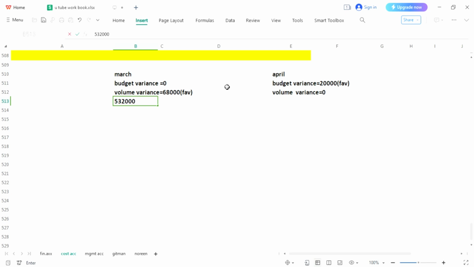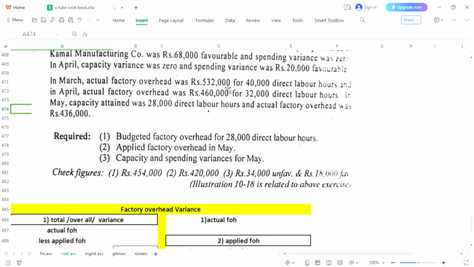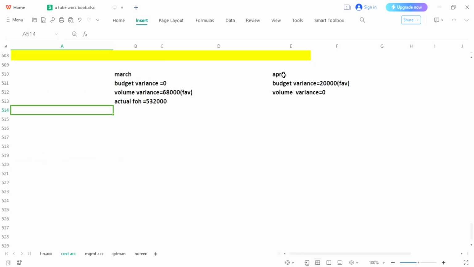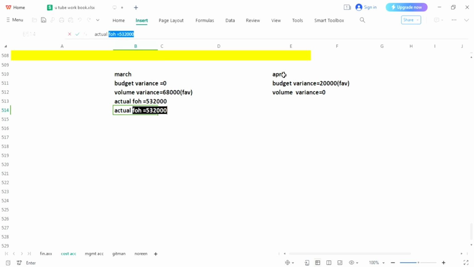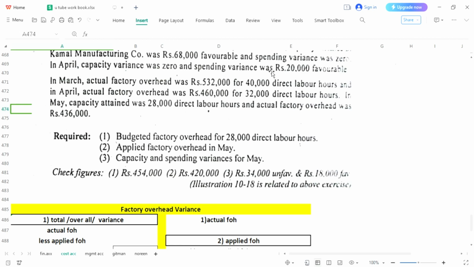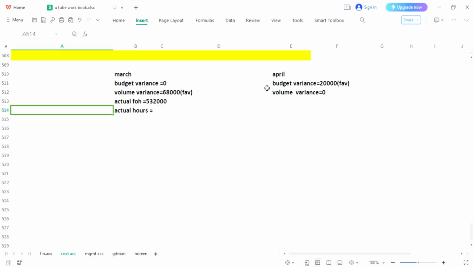That is the actual FH for March. Another piece of information provided is 40,000 direct labor hours, so we put the actual hours over here as 40,000.